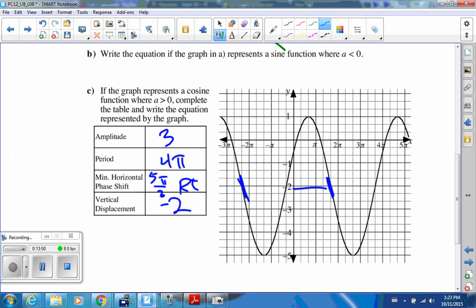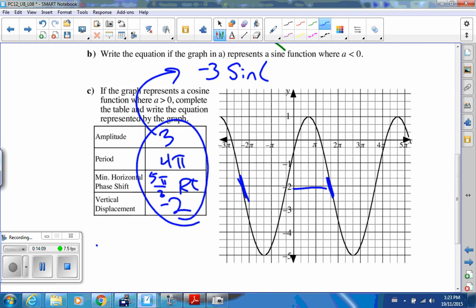which means this is going to be, oh, cosine. Look at me go. All of this information is for this thing. So this is going to be negative 3 sine of, the period is still the same, which is going to be 1/2, right?